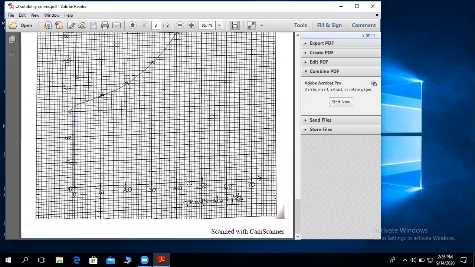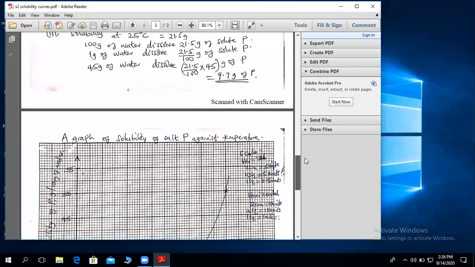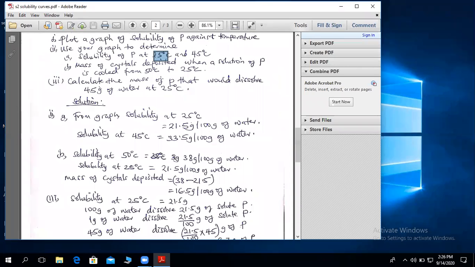Then for 45 degrees centigrade, you do the same in that line until you reach the curve, then you read the solubility across. That is it. Then when they tell you that the solution is cooled from 50 to 25, you get the solubility at 50 degrees centigrade, and you subtract the solubility at 25 degrees centigrade. I think I've answered your question.